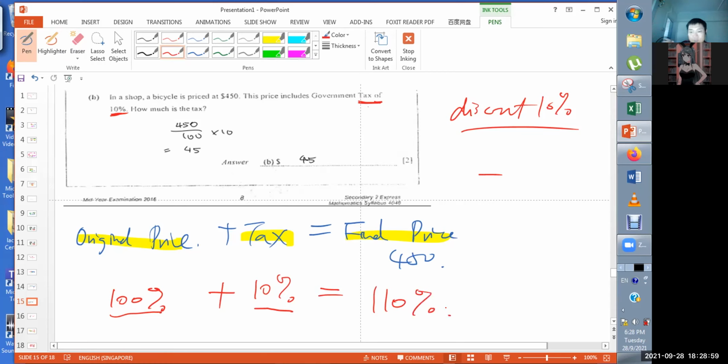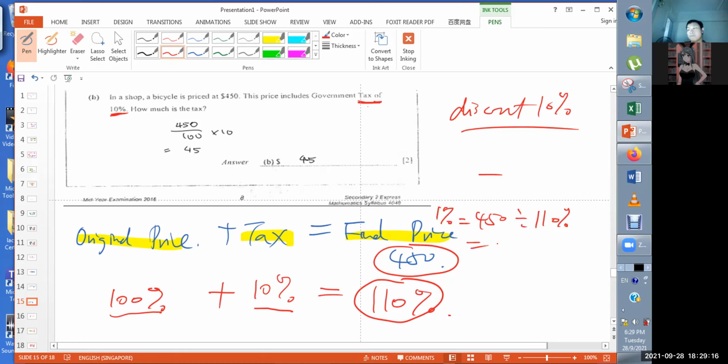Okay. So now what you need to do, final price is 450, final percentage is 110. So what is 1%? What is 1%? So 1% is how much? 4.09.